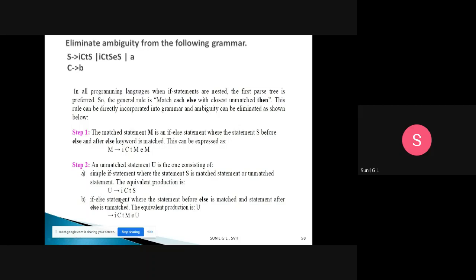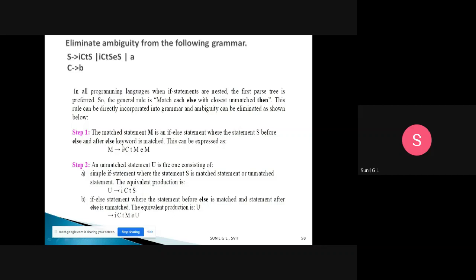So here we make it U tends to iCtS, that is, if condition then statement. That's all. This is the simple if statement.